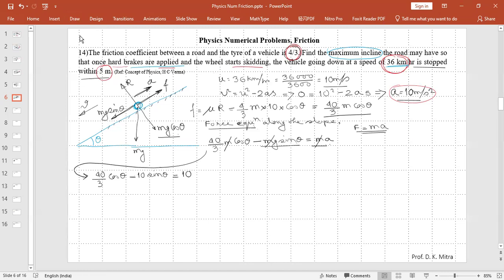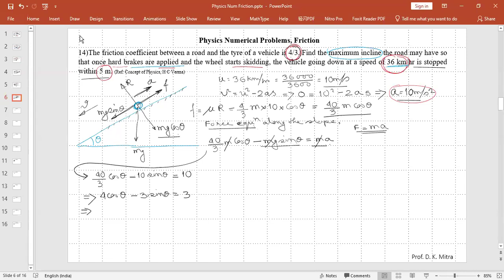From here, we get 4 cos theta minus 3 sin theta is equal to, multiply by 3 and divide by 10.